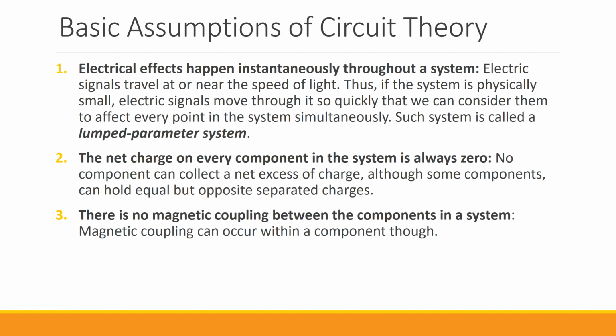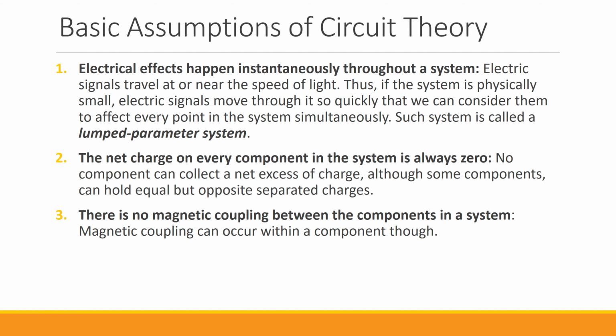And finally, for the third assumption, there is no magnetic coupling between the components in a system. So we should not have any coupling between the components in a system. The magnetic coupling can occur within a component itself, right?